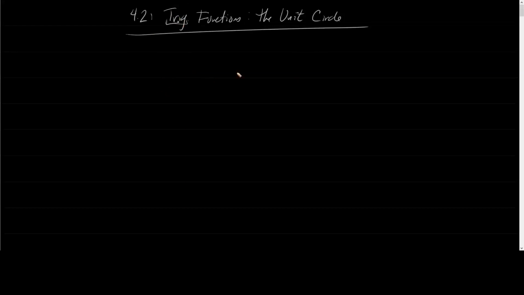Let's consider that we had the following right triangle. All right, so we have this right triangle where this angle over here, we're going to call this angle theta. Respective to this angle, we've got this side over here on the bottom being the adjacent side.